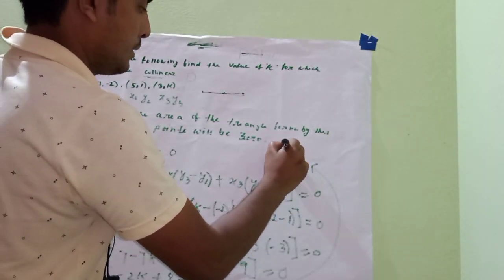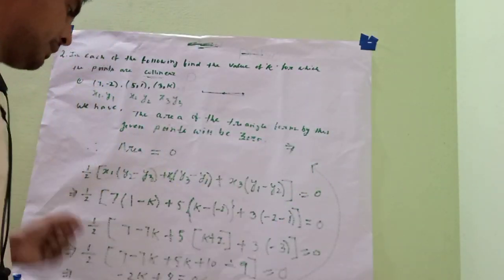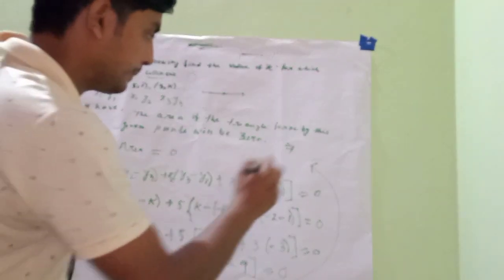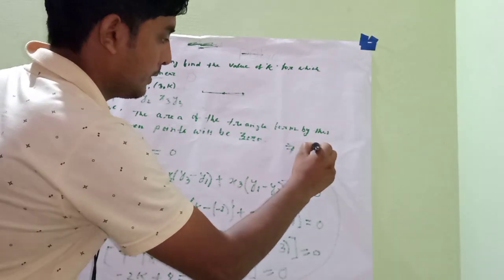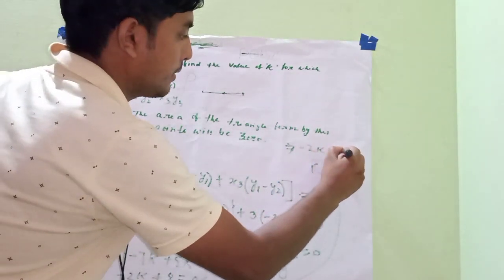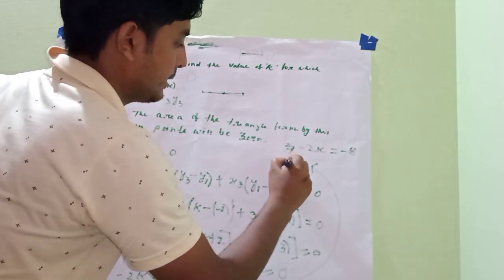Okay, next you can see this one. I don't want to use another sheet, you can understand here only. So minus 2k, if you transfer this 8 to the right hand side, it will be minus 8.